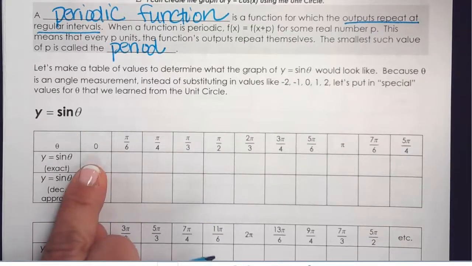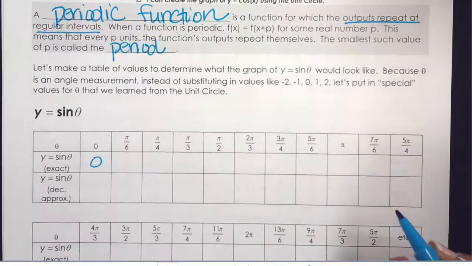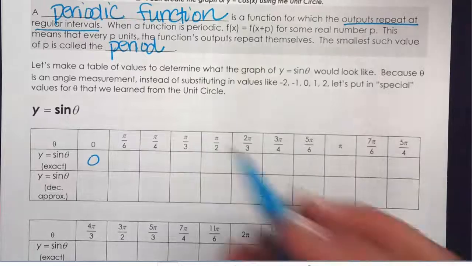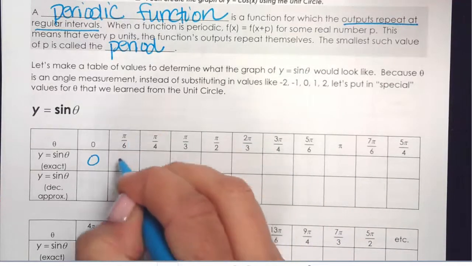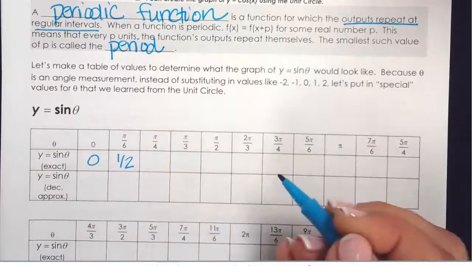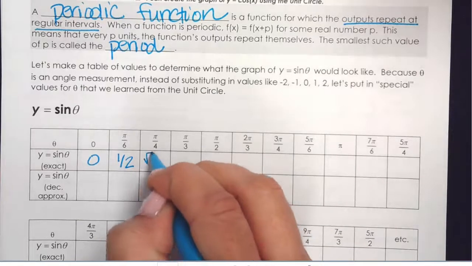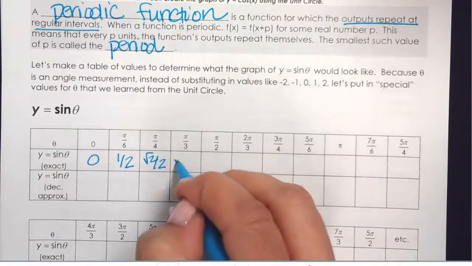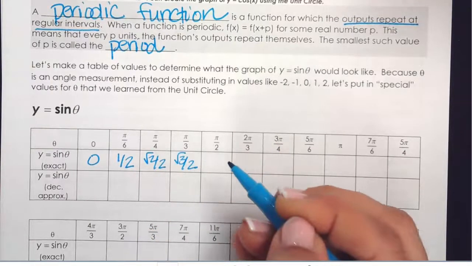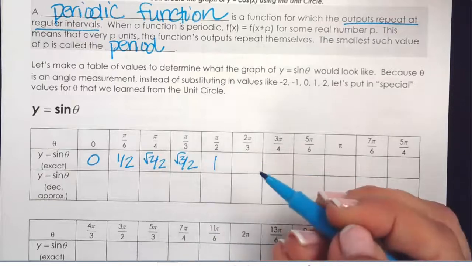So when theta is 0, what's the y value? 0, okay? What about when we move up to pi over 6? What's the y value? A half. What about pi over 4? That's root 2 over 2. Pi over 3? Root 3 over 2. And pi over 2? 1, okay?